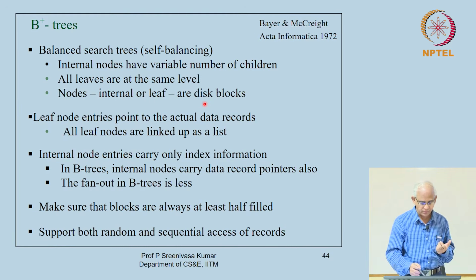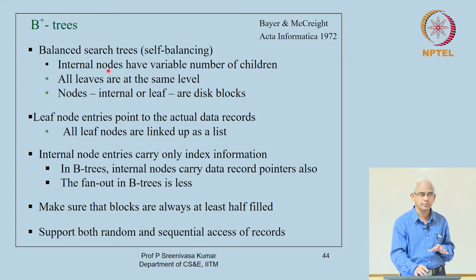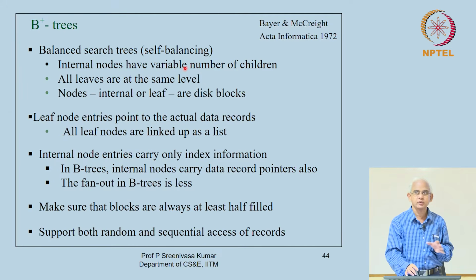Now, B plus trees are designed as balanced trees. So, they are actually self balancing. We will show how exactly they balance, and these internal nodes will have some variable number of children. What I was talking about is the maximum; the degree, the fan out, is the maximum.